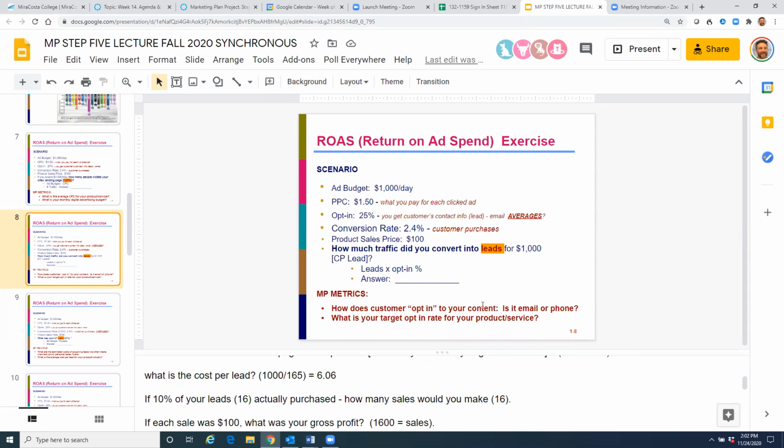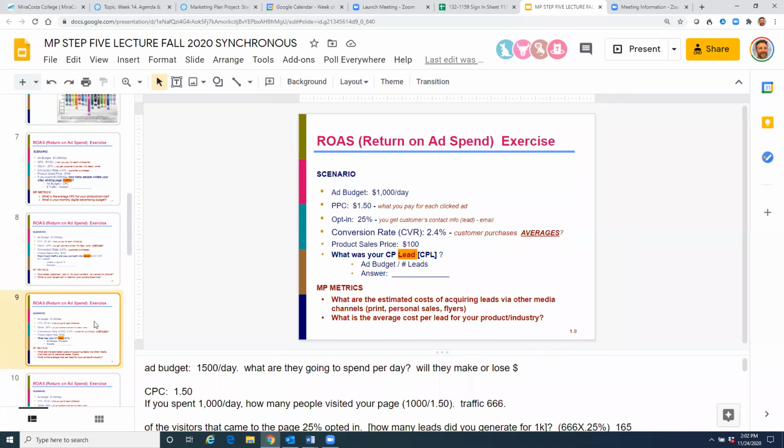So that takes us easily to the next step. Now let's look at what is your cost per lead. How many leads do we have? 167. How much do we spend each day to get those leads? $1,000. So we're going to divide $1,000 by 167. What is our number for our cost per lead?